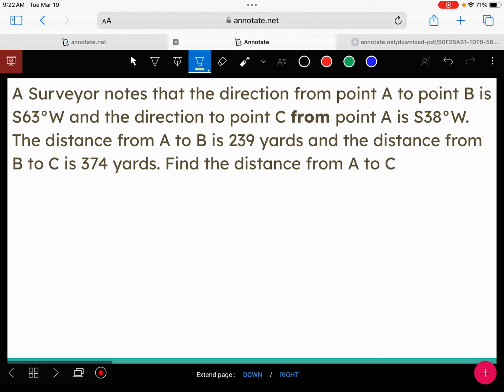So we've got a surveyor who notes that the direction from point A to point B is south 63 west, and the direction to point C from point A, because wording is weird, is south 38 west. And I have a distance from A to B.